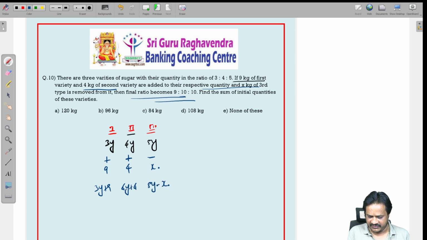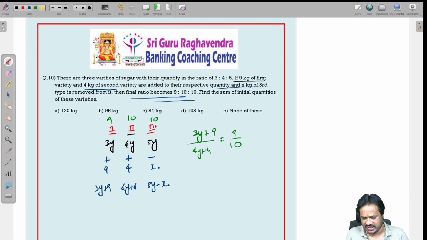Then we are having the final ratio 9:10:10. So let us compare any one thing. I am comparing 3y plus 9 by 4y plus 4 in the ratio 9:10. Therefore, you will get the y value. So if you do that, 30y plus 90 is equal to 36y plus 36.